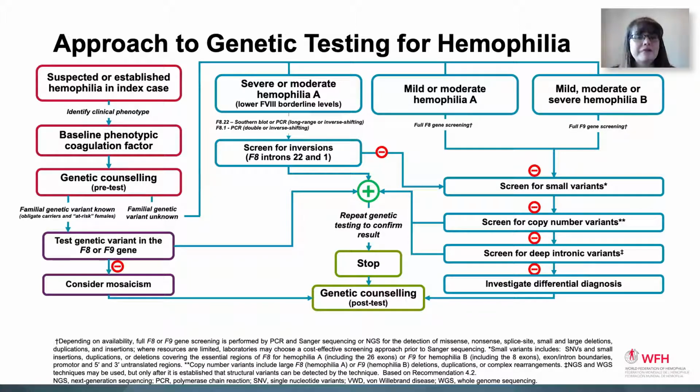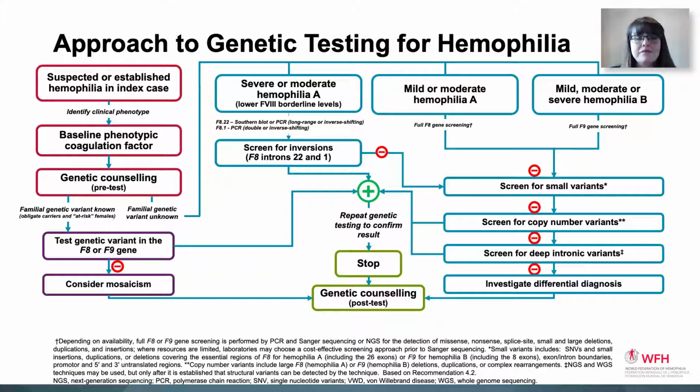For screening for small variants, we can do PCR and Sanger sequencing or next generation sequencing or whole genome sequencing, for example, to detect these small variants. But again, the resources that are available to us may indicate which testing that we do. And the approach and use of a specific technique will depend on the available technical resources.